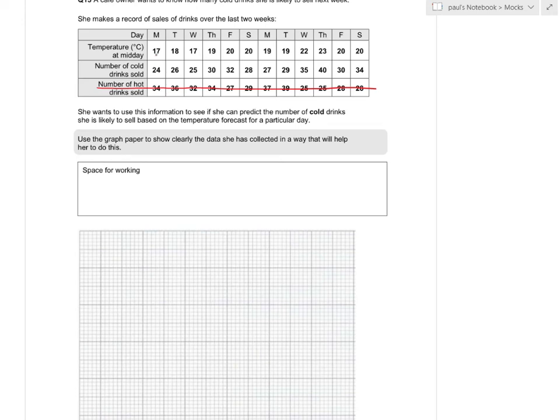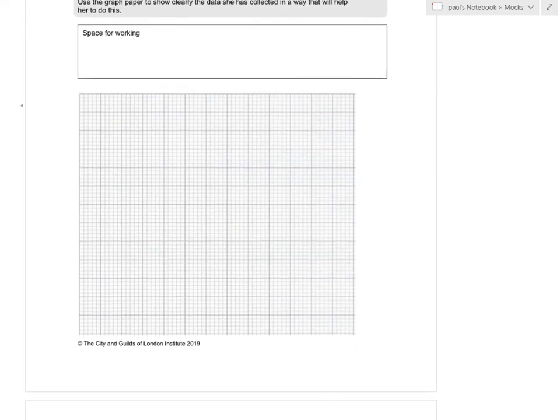So the temperature against the number of drinks sold, and the number of drinks sold go up to 40, and the minimum there is 24. So we've got to do drinks sold. So we've got to go from 24 to 40.